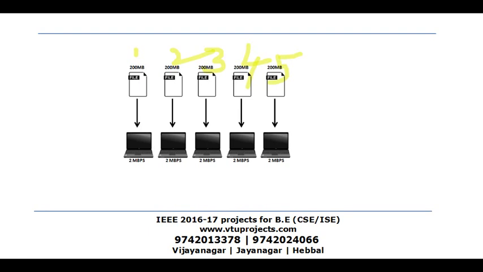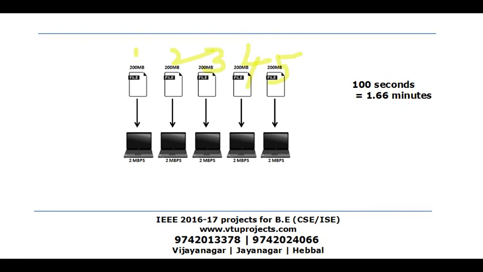Okay, so what will be the time taken now to copy 200 MB into one machine? So it's 100 seconds. So 100 seconds will be around 1.66 minutes approximately. Okay, so one machine will be taking 1.66 minutes to copy one partition.